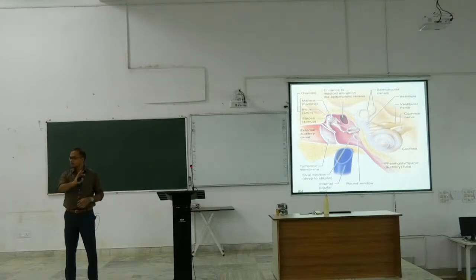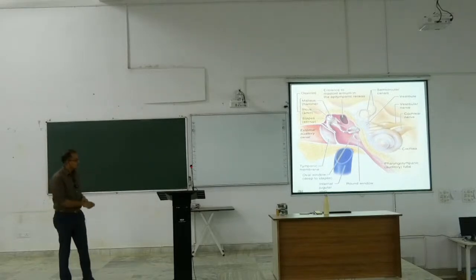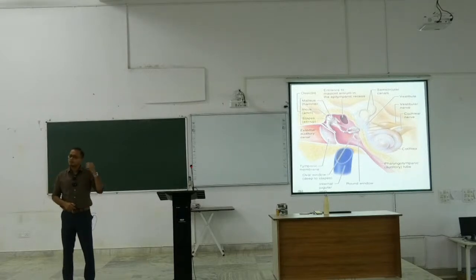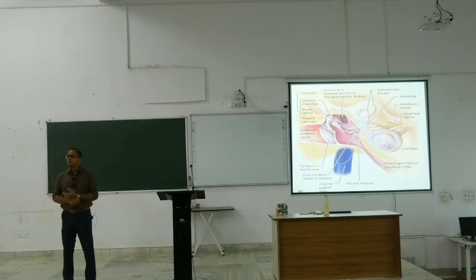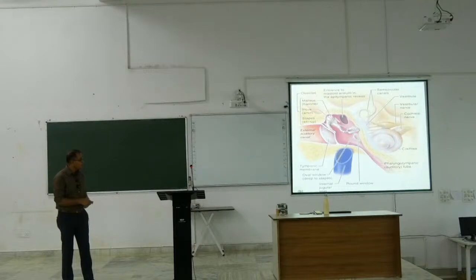The external side is supplied by the same nerves we have talked about, which supply the external auditory tube, the trigeminal V3 and the vagus nerve. From the inner side, a different nerve supplies it. The inner mucosa of the middle ear is supplied by branches of the glossopharyngeal nerve.